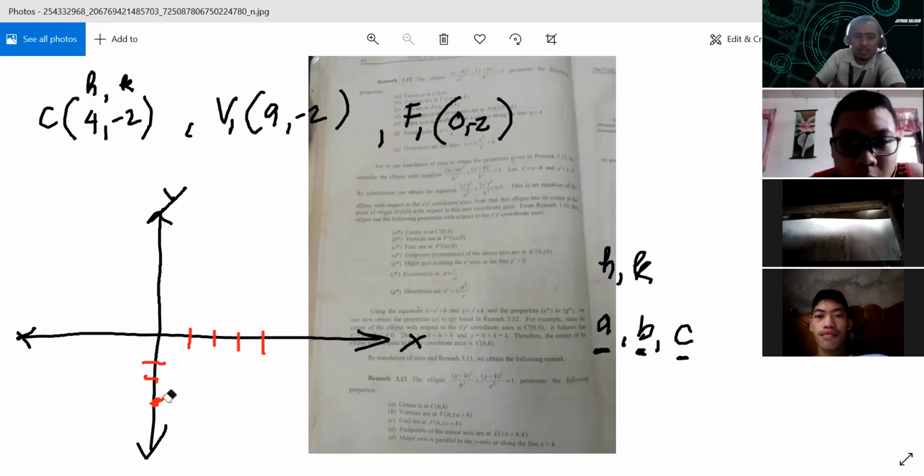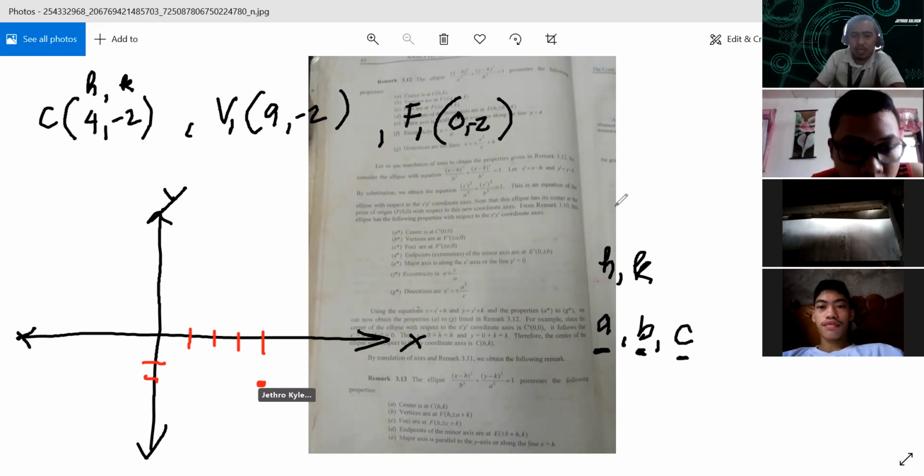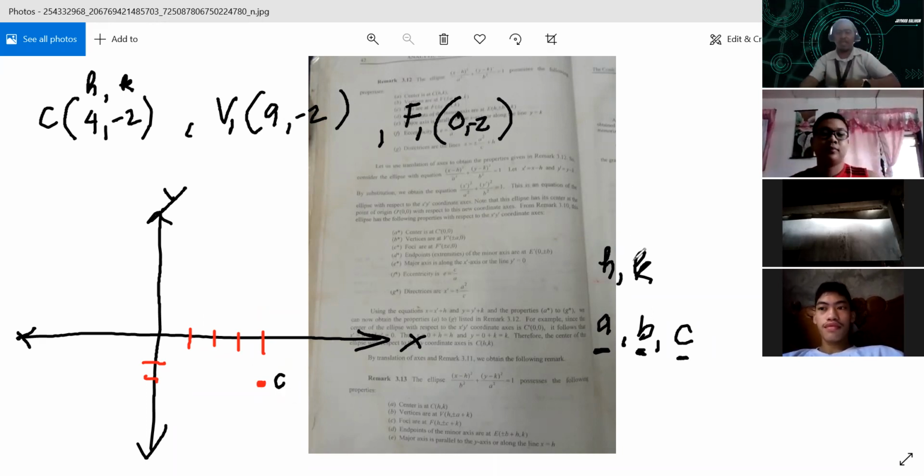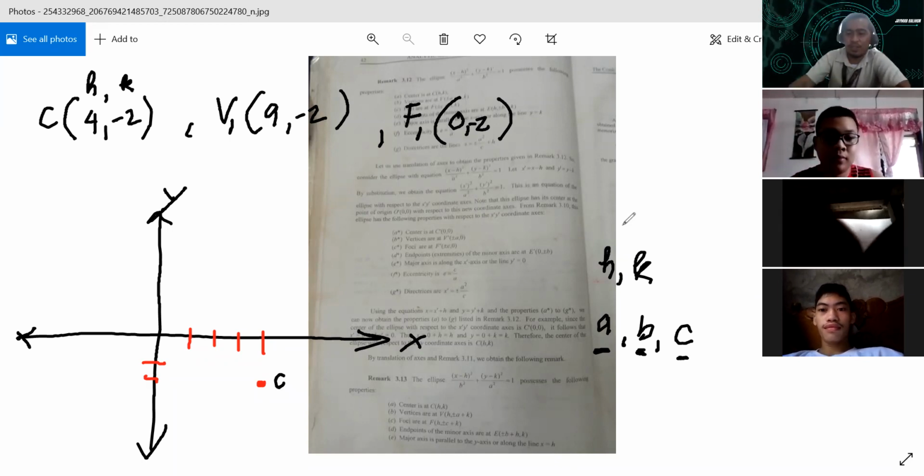Wait lang, -2 man to, no? Yes, -2. 4, -2. Sakto na. So somewhere here, right? Good. That is your center, right? Okay, I will ask another student to find your vertex.